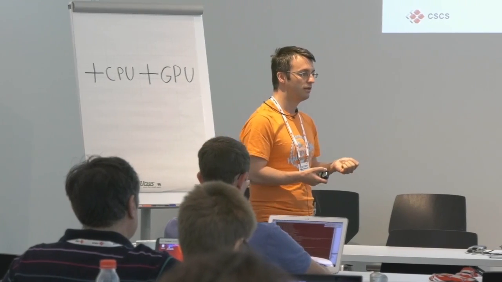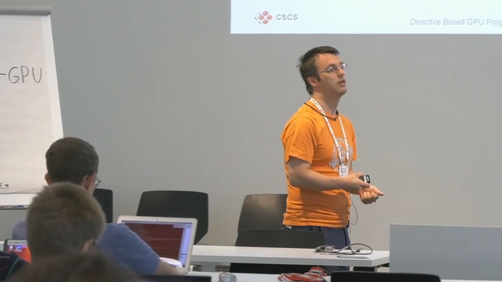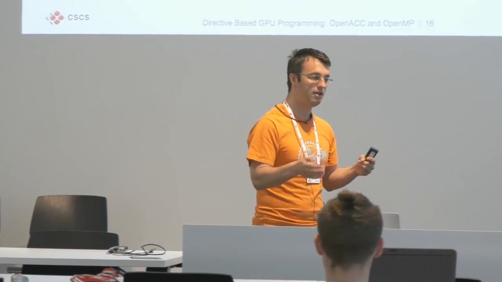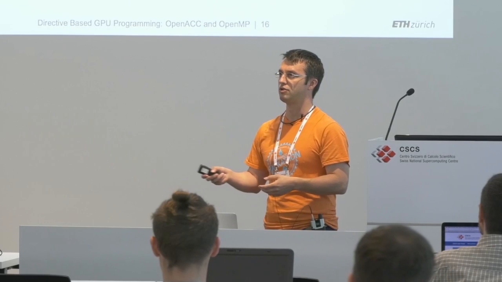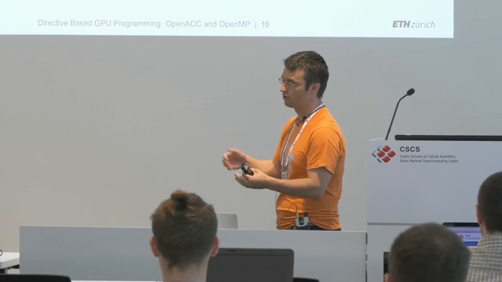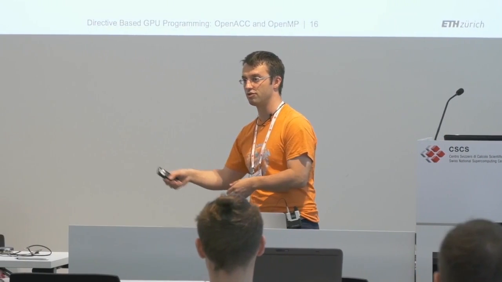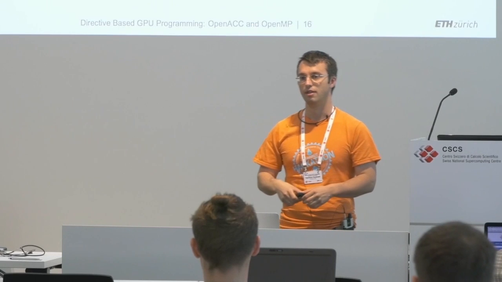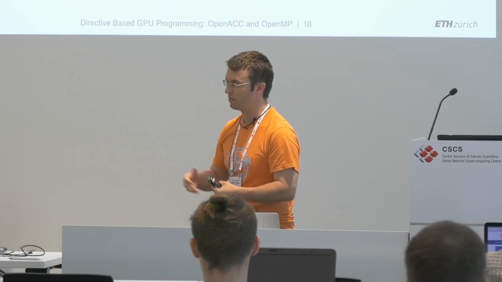Also, we need different programming models. In the past, we had the MPI model, and we had also the shared memory model, but now we have new dimensions. For example, the GPUs are co-processors. We should deal with that. Then we need to extract parallelism.